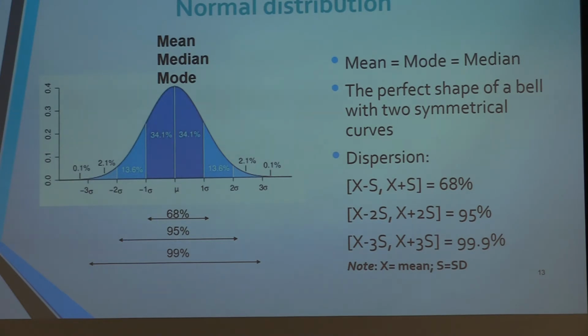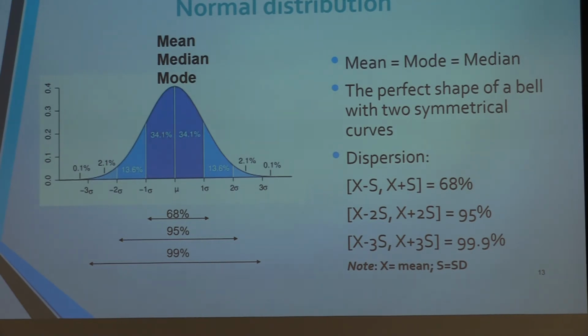Usually if your data is large enough, it will be normally distributed. But sometimes when you do an experiment, for example with 20 or 30, it's quite difficult to reach a normal distribution. Okay, but it doesn't matter. You can still use statistical tests. But anyway, I just mentioned this very briefly, so you understand in future what normal distribution means.